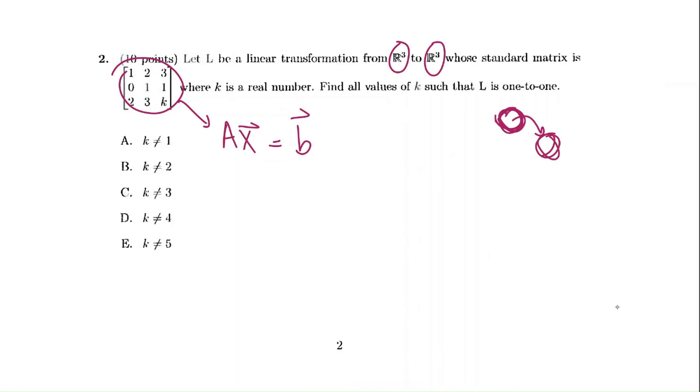And so in this case, when you have R3 to R3, this means that for your Ax equals b, if I draw it out like this, there's 3 entries on all these because this is R3. What you want is to have all pivot columns.